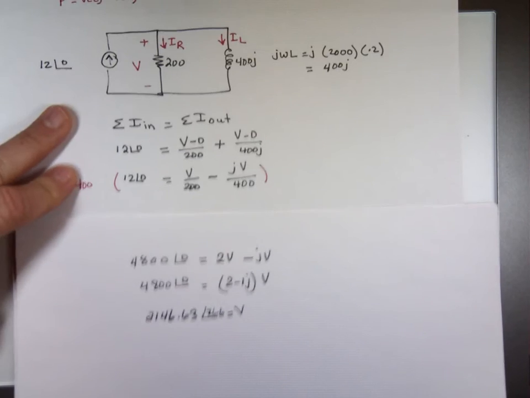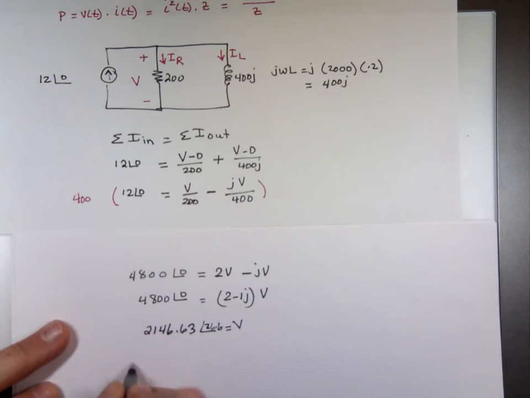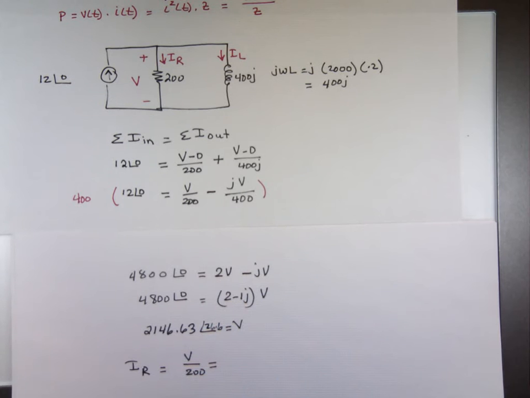So if I know V, I know I sub R. I sub R equals V divided by 200. So divide that number by 200. I sub R is 10.73 angle 26.6 degrees.